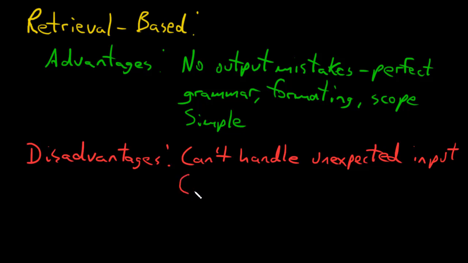Now, the other disadvantage, and this isn't a huge disadvantage, but it is something, is that it can't do conversations. If you try to do any kind of conversation with retrieval-based chatbots, it will quickly run through the inputs that are in the input part of its database, and then you'll be back to having no idea how to handle what the user just input.